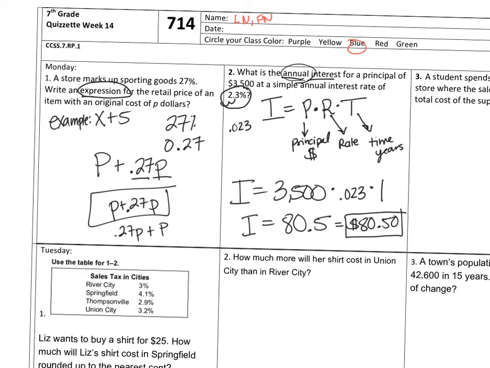You'd be paying $80.50 a year of interest, like paying them almost like a fee for letting you borrow the money. That's actually a very low interest rate. People that go buy cars, they don't really pay attention to interest rate, and they could really rip you off, even up to 15% of interest. And if people don't understand interest, they get screwed over with their car loans. It's really, really sad.